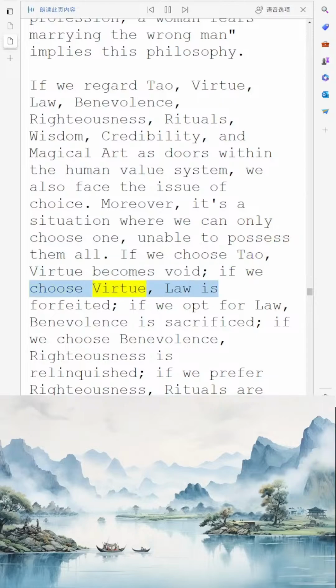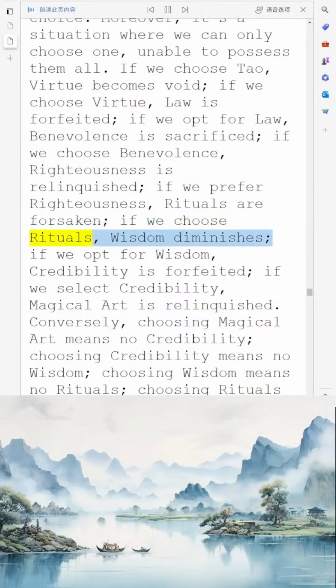If we choose virtue, law is forfeited. If we opt for law, benevolence is sacrificed. If we choose benevolence, righteousness is relinquished. If we prefer righteousness, rituals are forsaken. If we choose rituals, wisdom diminishes. If we opt for wisdom, credibility is forfeited. If we select credibility, magical art is relinquished.